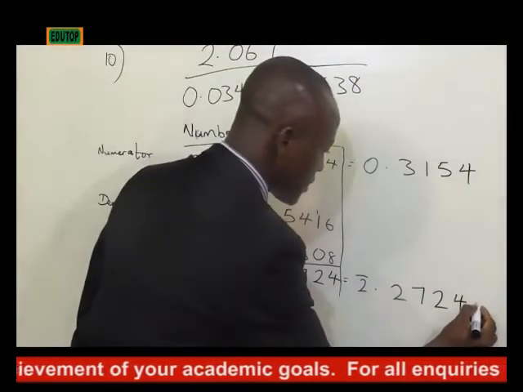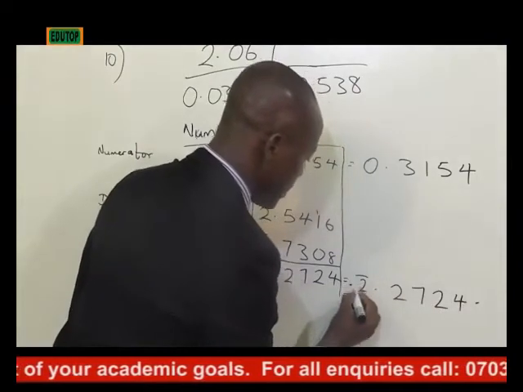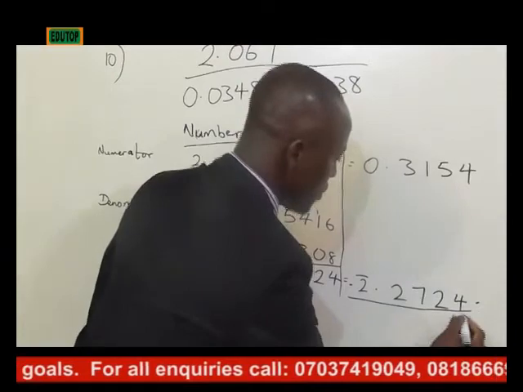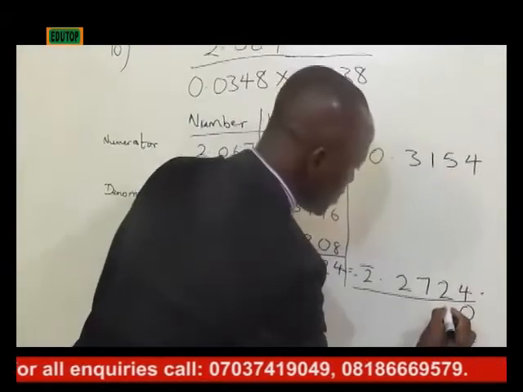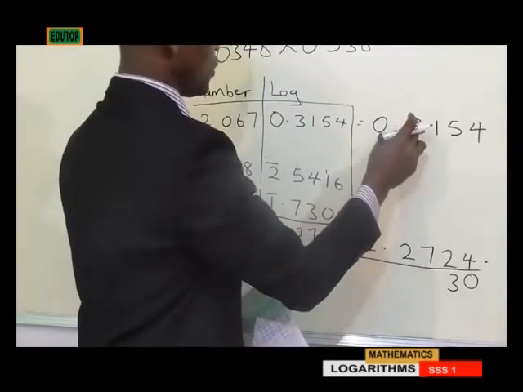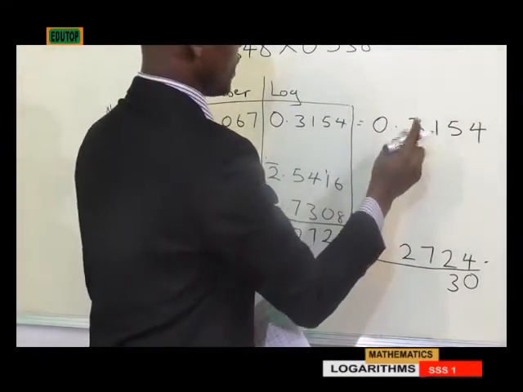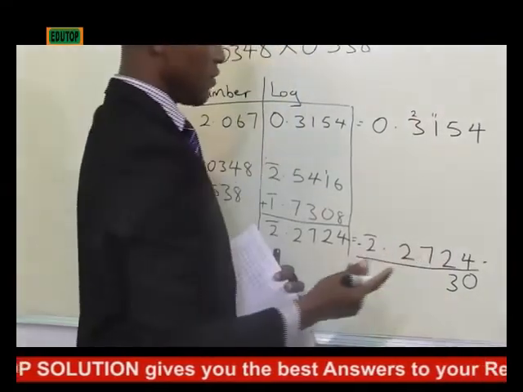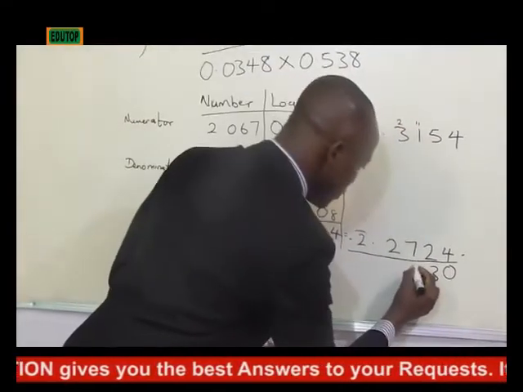So we now subtract. 4 minus 4, that's 0. 5 minus 2 is 3. 1 minus 7, that's not feasible. So we just borrow 1 from here. This one will become 2. This one will become 11. 11 minus 7, that's 4.